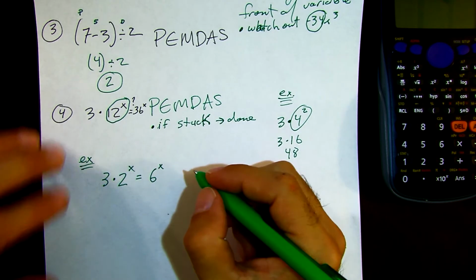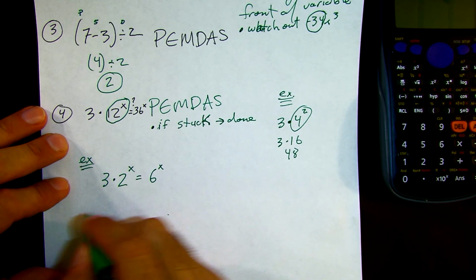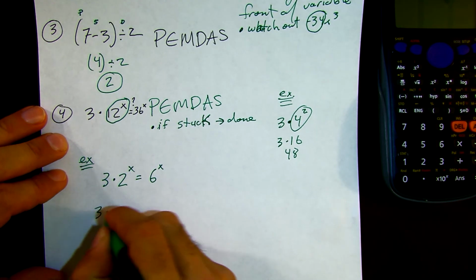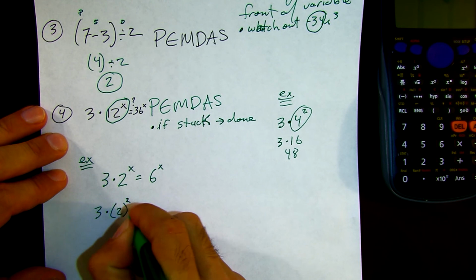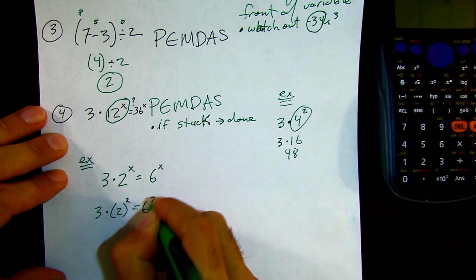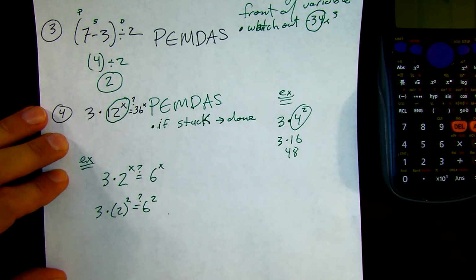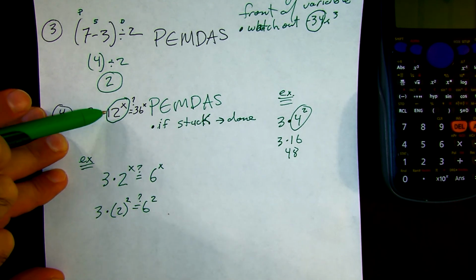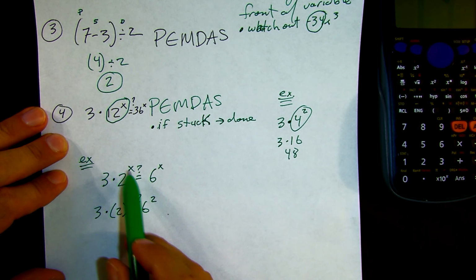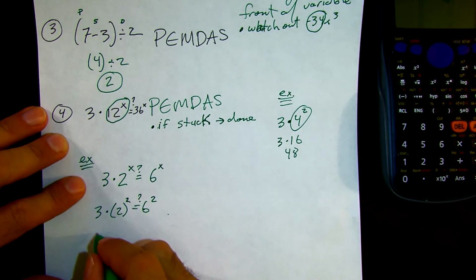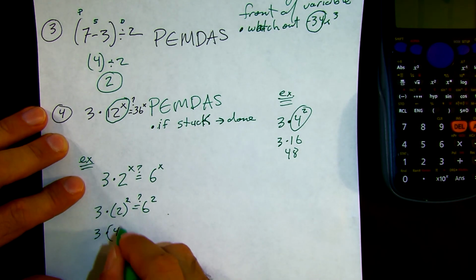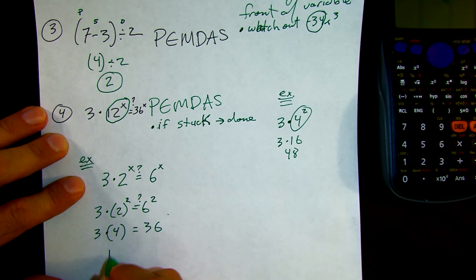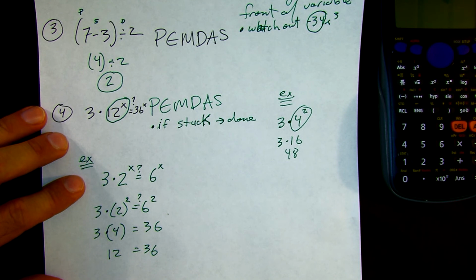Okay, let's put in a value here and just see if it works. Let's put in 2. If we plug in 2 here, we get 3 times 2 squared, or is equal to 6 squared. So we're seeing if these are equal. I'm just doing an example similar to this, but with some easier numbers. And I plugged in 2 for x to see if it does equal. Let's see, we get 3 times 4. We get 36. We get 12 is equal to 36.